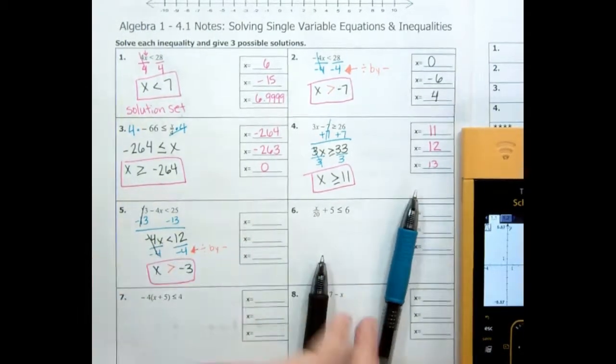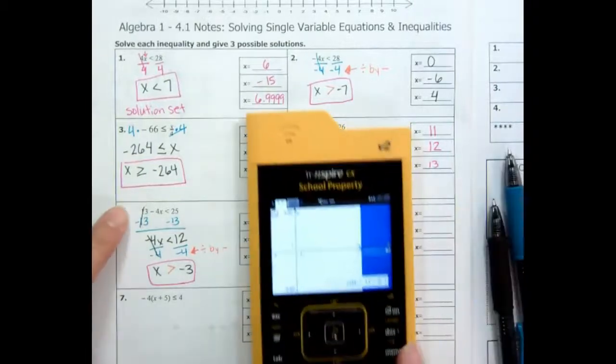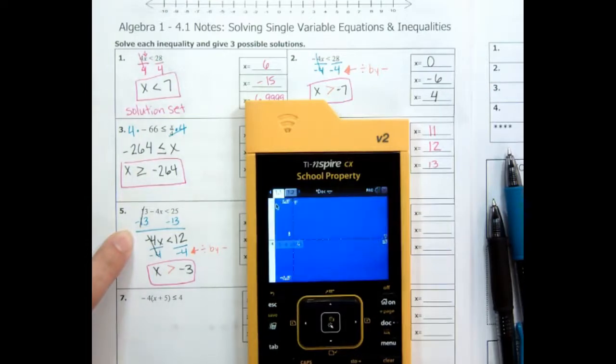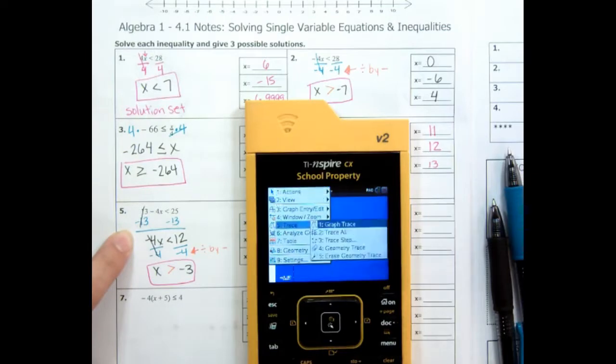So let's check that one. Let's make sure we did the math right. I'm going to delete this one out. 13 minus 4x is less than, there's my less than, 25. And then menu, trace, graph trace.